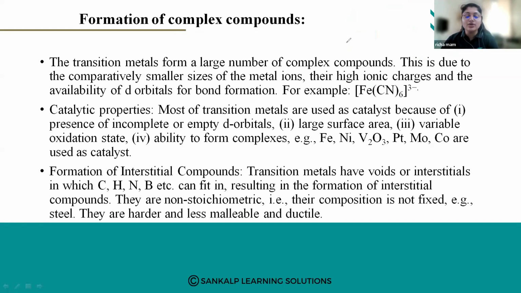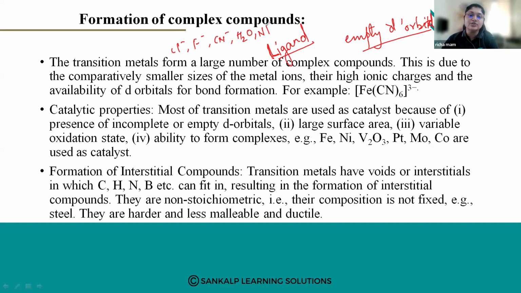These metal ions have empty d orbitals with the proper energy, so that they can accept pairs of electrons from the ligands. Ligands are like Cl-, F-, CN-, and neutral molecules like water, NH3. So these are all ligands. What ability do they have?